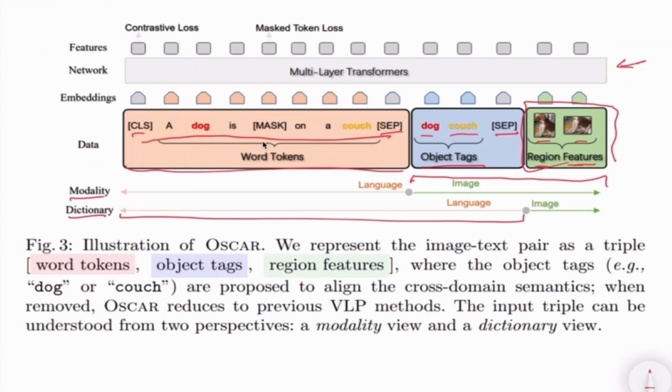Simple. The core idea is that, since you consider the object tags part of language in the dictionary view and part of vision in the modality view, these object tags serve as an anchor to align the two modalities. Good, so that is the basic idea.